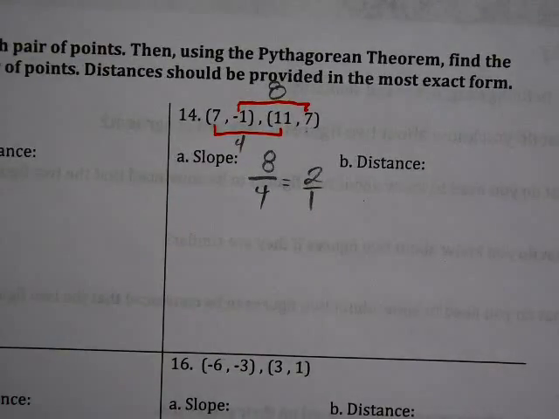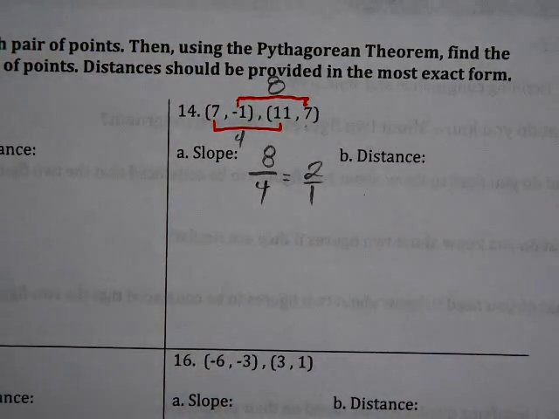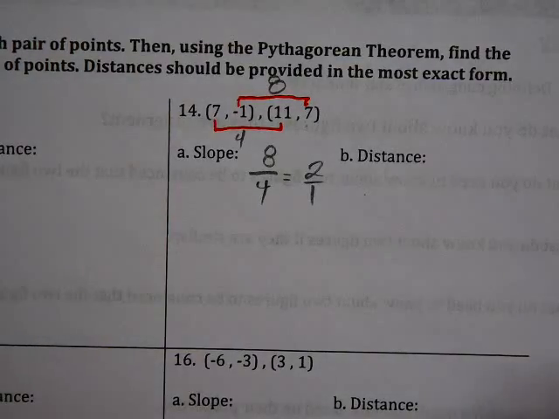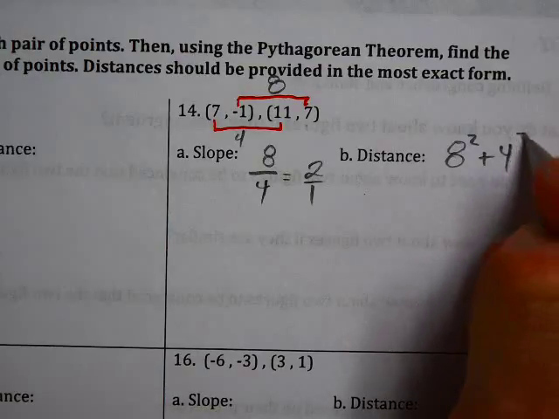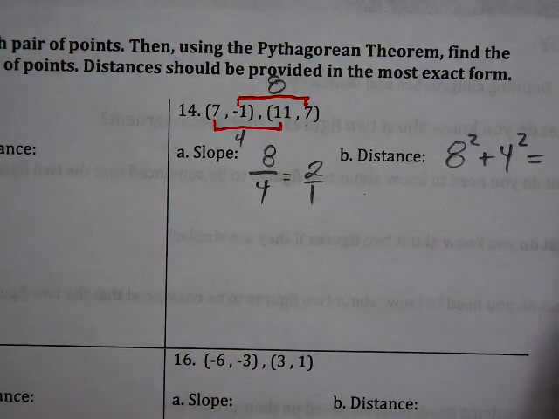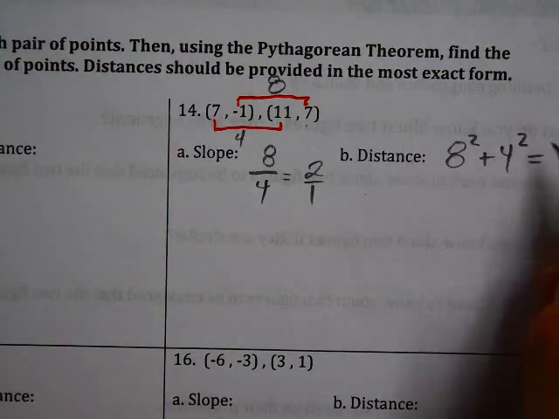Now, for distance, though, I can't use these numbers. I have to use the unsimplified numbers. So use the unsimplified amount, the 8 over 4. So my distance then is going to be 8 squared plus 4 squared equals the hypotenuse, c squared.